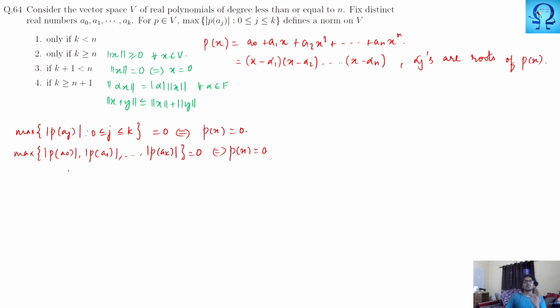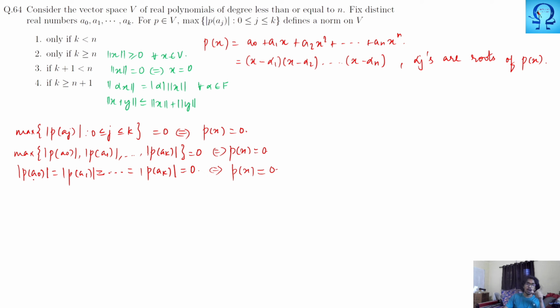We know that the absolute of any quantity is a non-negative quantity. The maximum of some non-negative quantities is equal to 0, which means each quantity has to be equal to 0, right? If each quantity is equal to 0, then this is true.